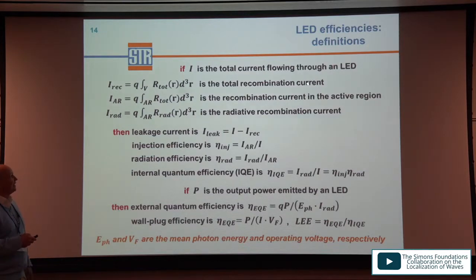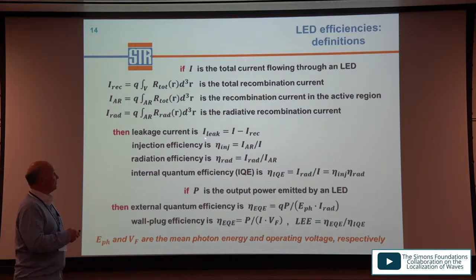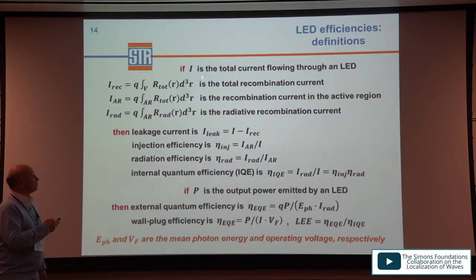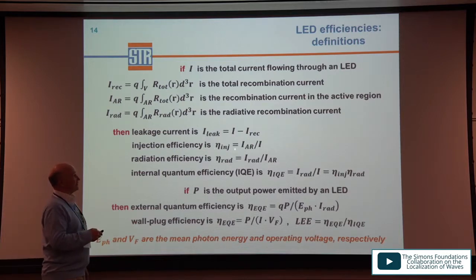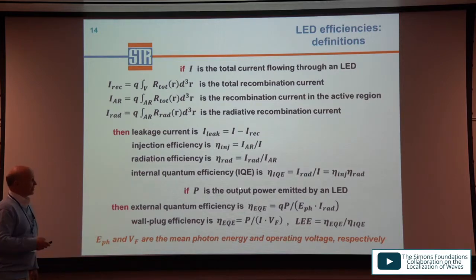And in this case, we can calculate the leakage, which is the difference between the total current flowing through the device and the total recombination current. We can introduce the injection efficiency by this ratio, and the radiation efficiency.